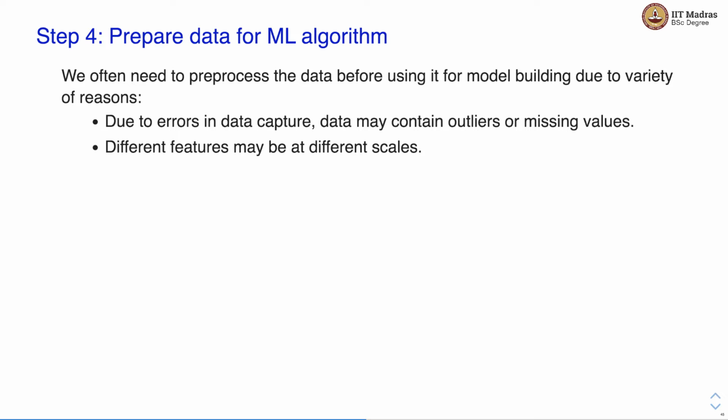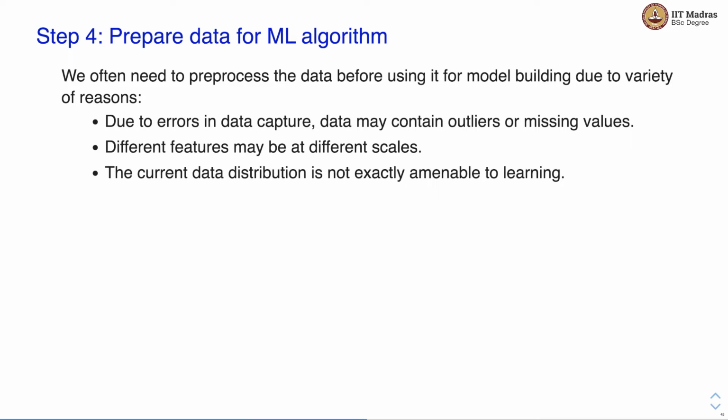In machine learning algorithms, generally we use different features to represent an example. These different features may be at different scales. The current data distribution is exactly not amenable to learning.